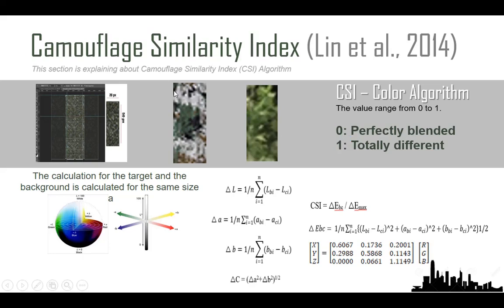For example, on the left side here is the camouflage, and on the right side is the background. For the CSI, the logic is that it has to be 20 to 50 pixels, and the same 20 to 50 pixels for the background. They run this in MATLAB, and we get the CSI value.